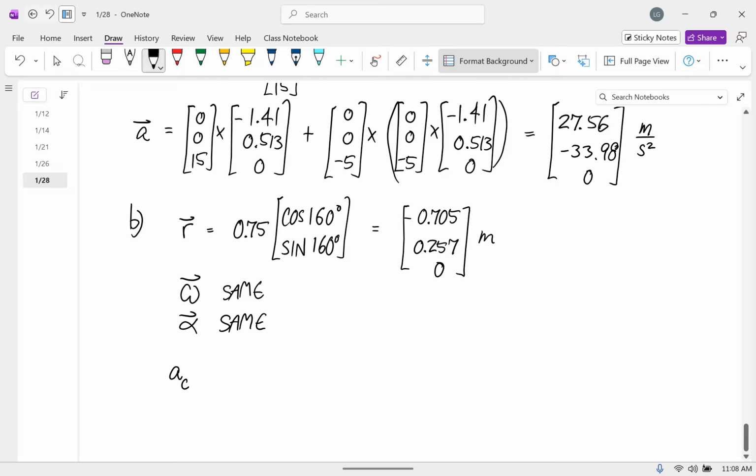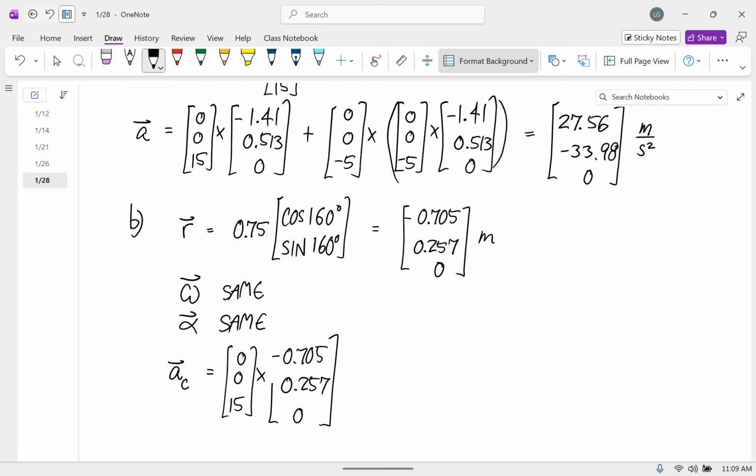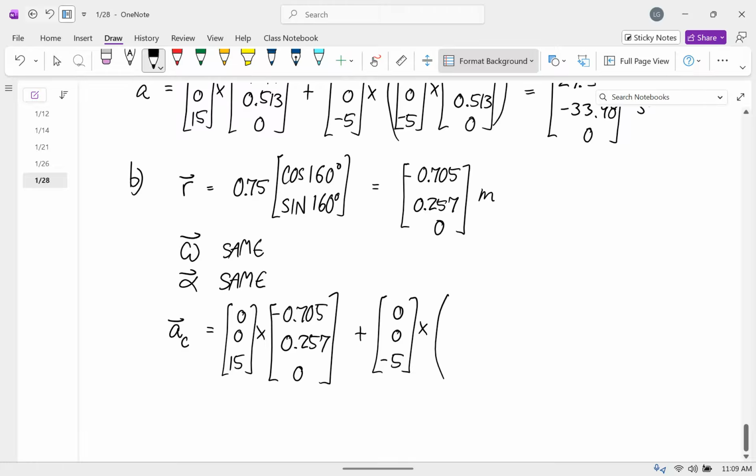And so the acceleration of the center is 0, 0, 15, crossed with negative 0.705, 0.257, 0, plus 0, 0, negative 5, crossed with the quantity 0, 0, negative 5, cross negative 0.705, 0.257, 0.